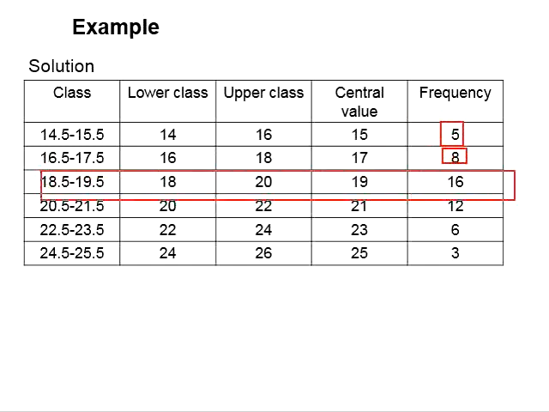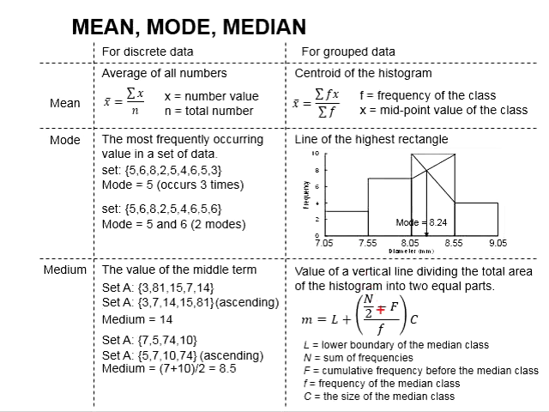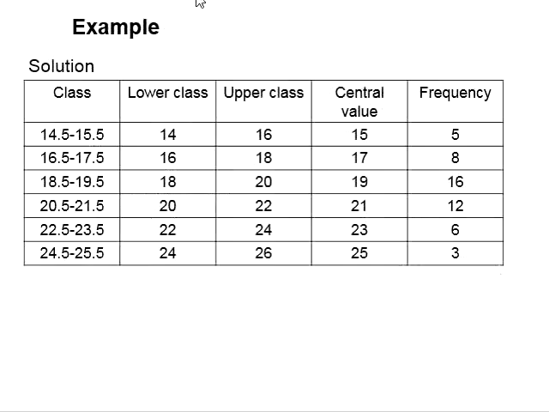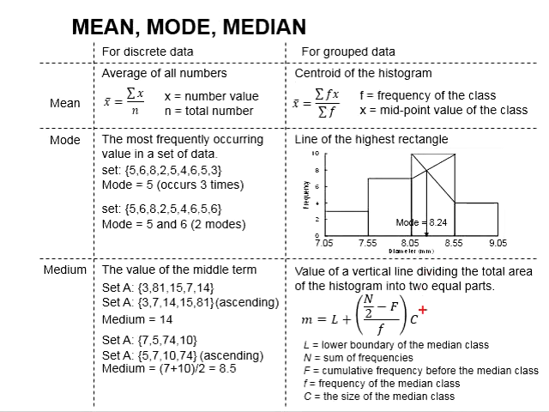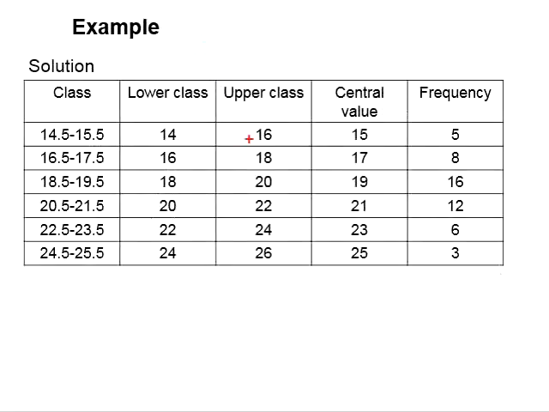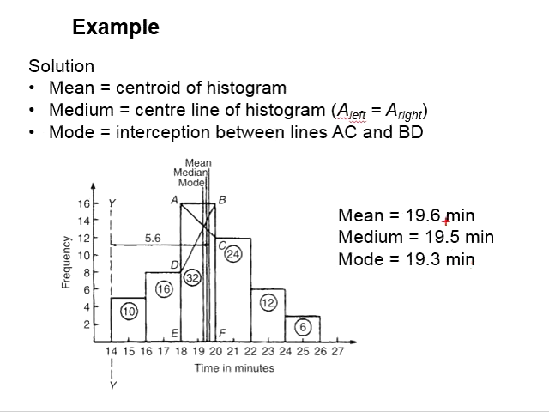The small f here represents the frequency of the median class, which is equal to 16. And the C here represents the size of the median class. It is determined by subtracting the lower boundary from the upper boundary. You will get the median equal to 19.5 minutes.